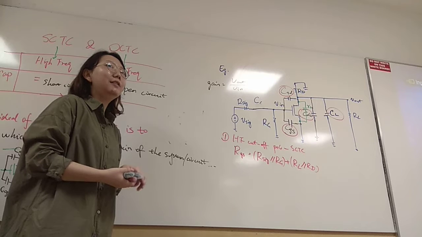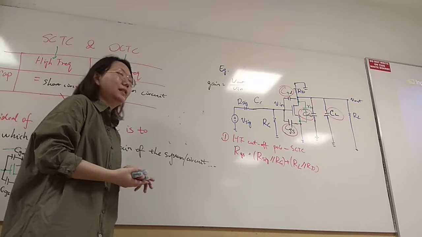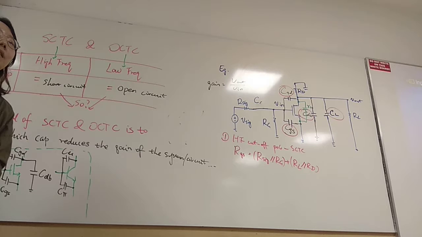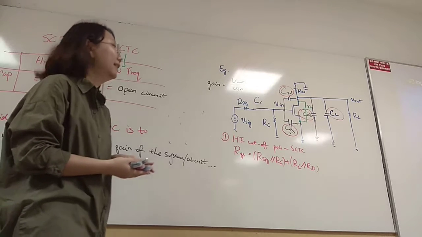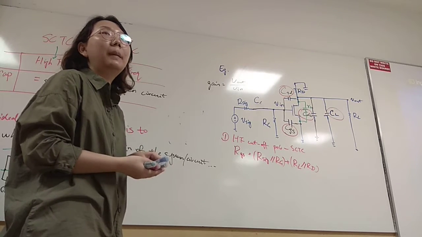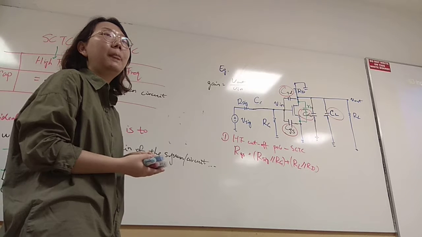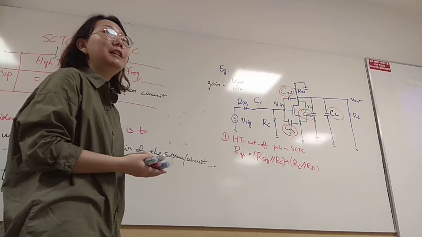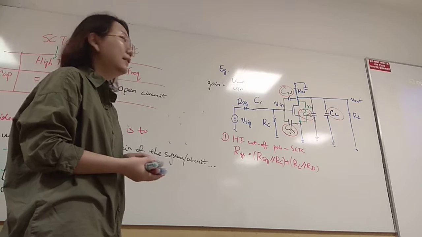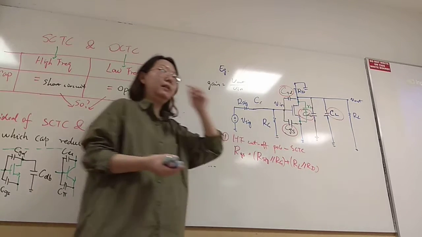So is that Rout going to be counted for this case? Is my Rout included in the loop seen by my CGS?